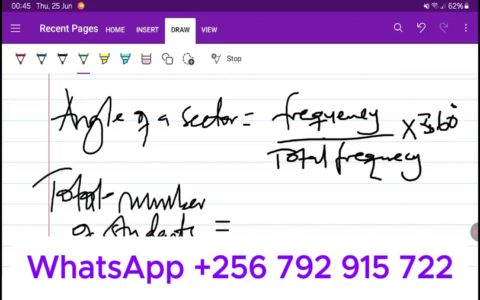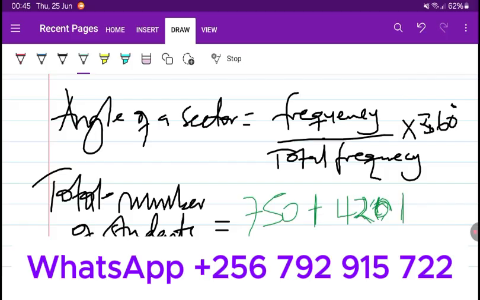The total number of students, we have seen that level 1 has 750 plus those in level 2, which are 420, then plus those in level 3, which were 630.